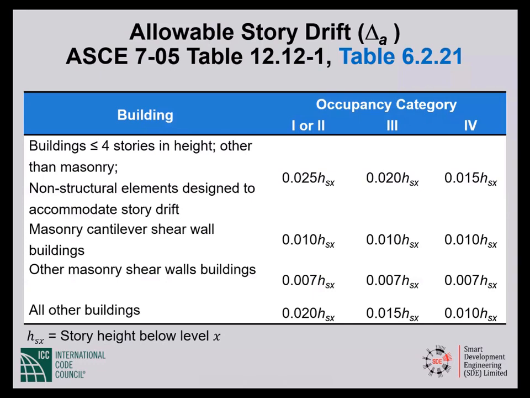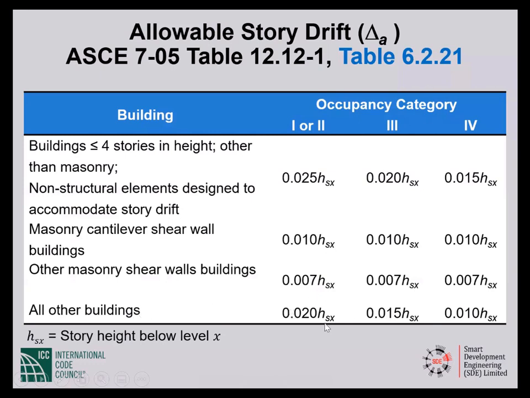Identical table, no change from ASCE 7 to BNBC. And so there is a line for masonry cantilever shear wall buildings, other masonry shear wall buildings. Most of the time you'll be in this line, all other buildings.